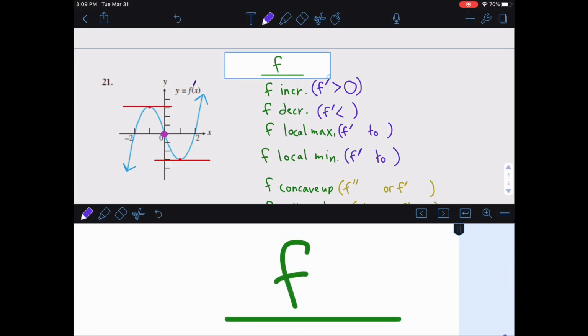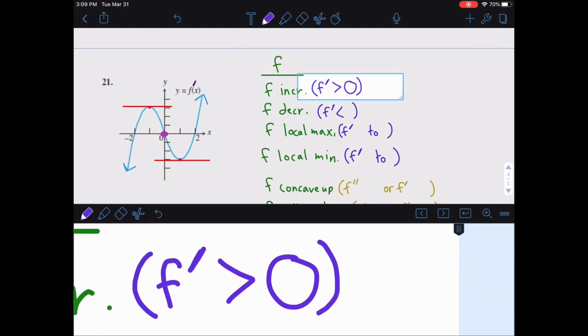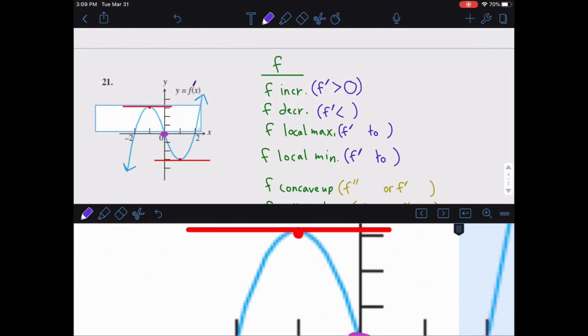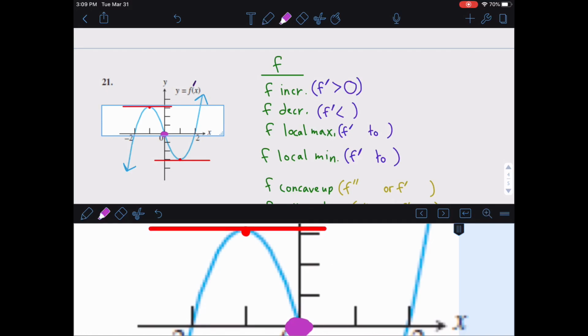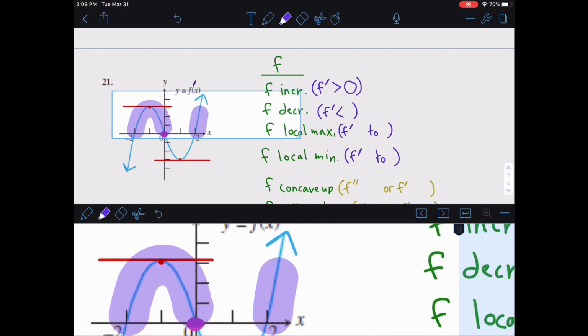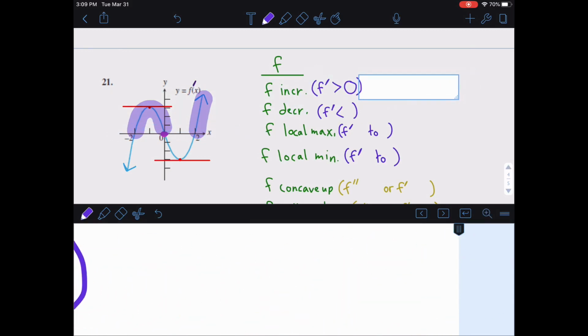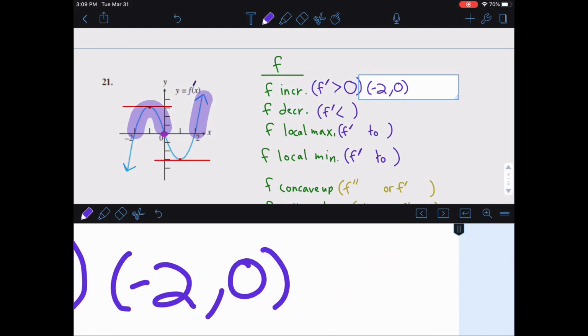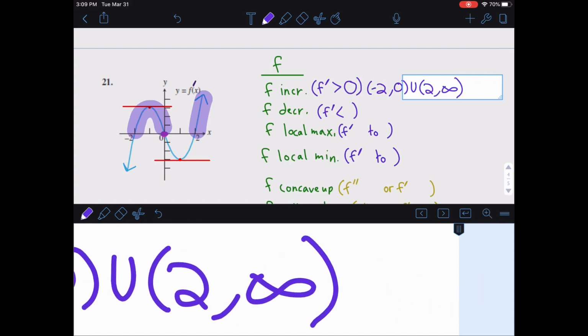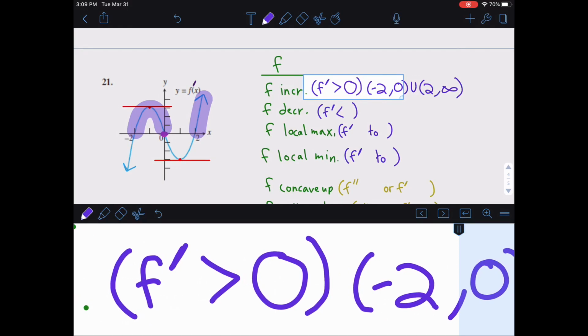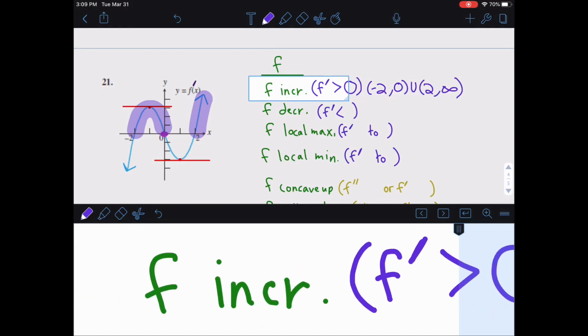To say where f is increasing, you have to look at where f prime is going to be positive. And that to me looks like we have an interval from -2 to 0. It's positive. And then from +2 to infinity. So from -2 to 0 and +2 to infinity. On both of those intervals, f prime is positive, so that is going to tell me where f is going to be increasing.